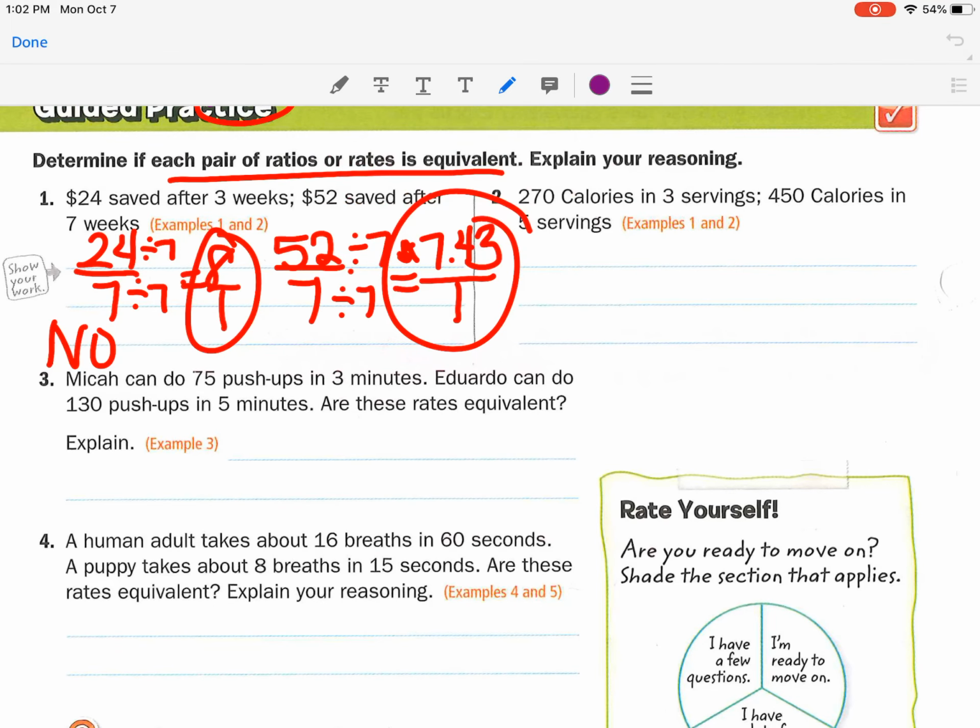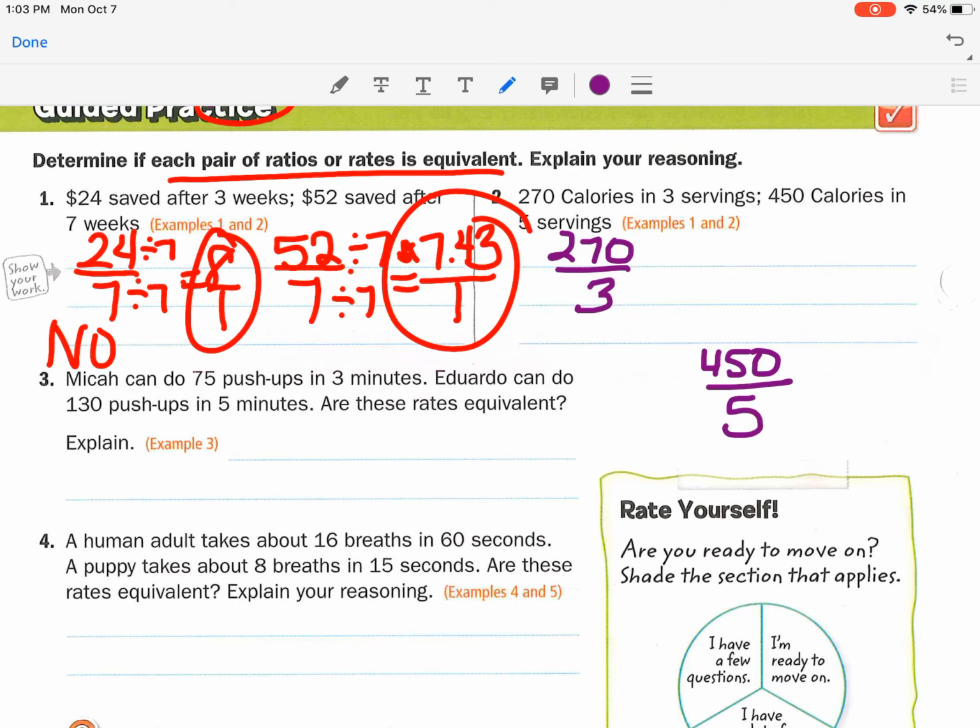All right. Let's take a look at number 2. Number 2 says 270 calories in 3 servings. Is that the same as 450 calories in 5 servings?